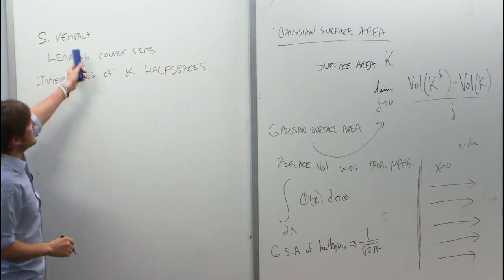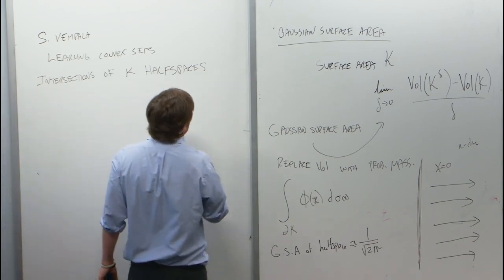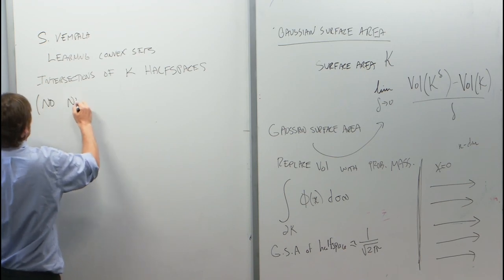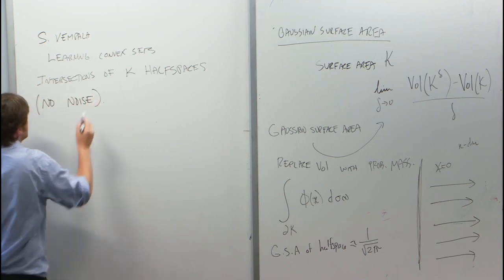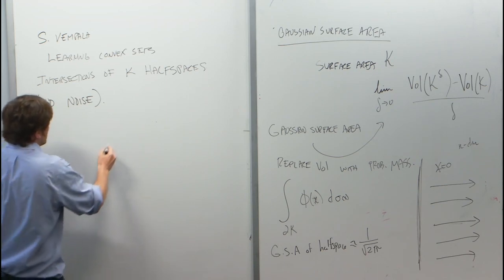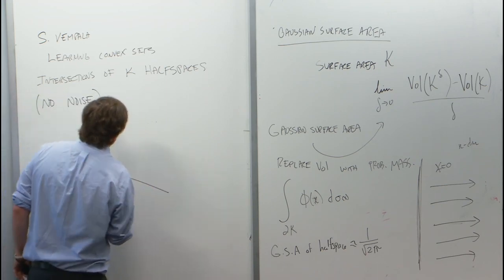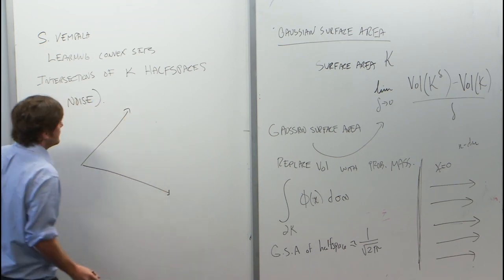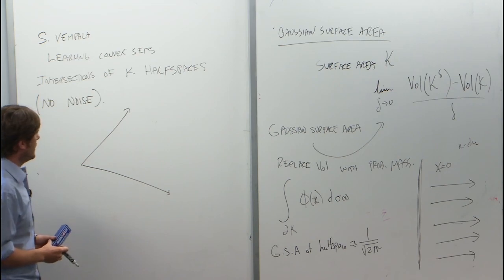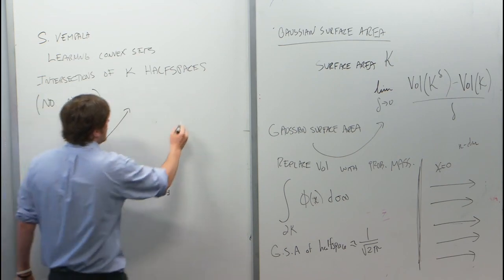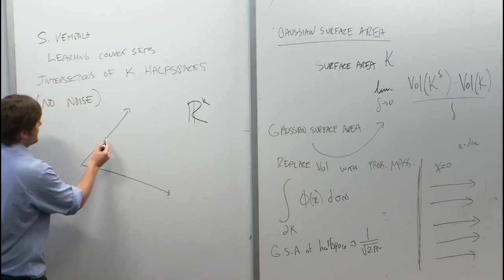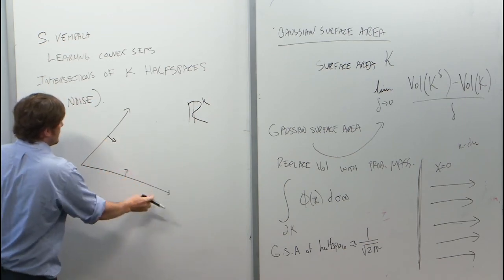And this result of Santosh's will not work in the agnostic setting, so there's no noise. But the idea is the following. Let's just look at a wedge again, so the intersection of two half spaces. So we're in R^n, but we're trying to learn the intersection of just two half spaces. So here are the normals, the half spaces.